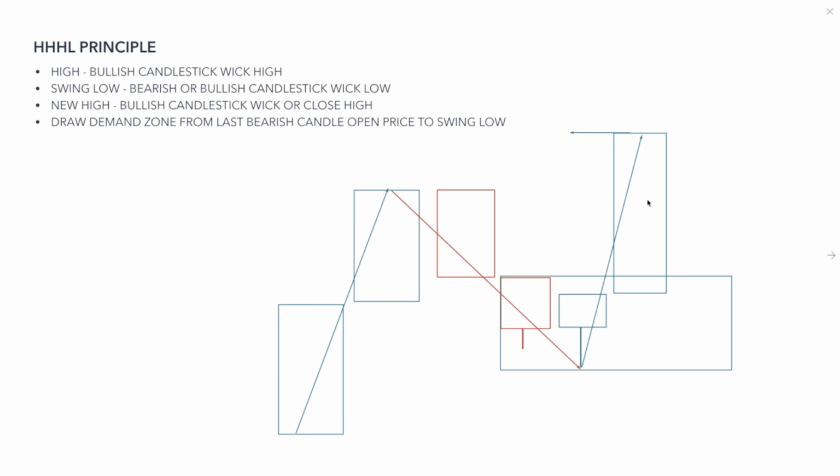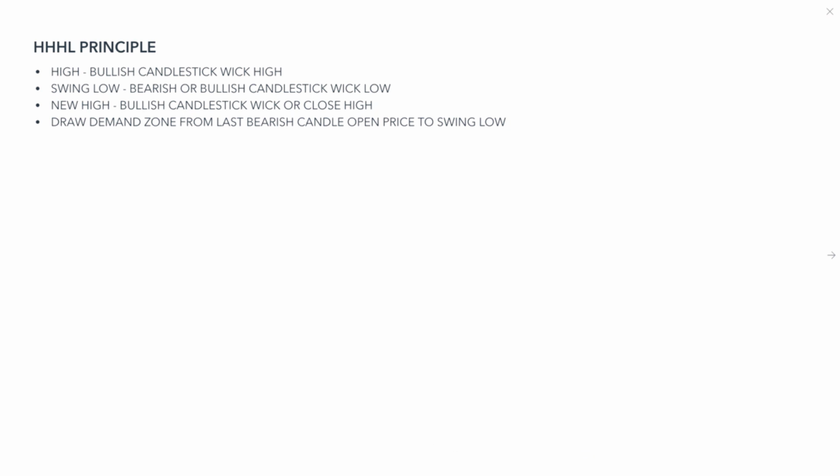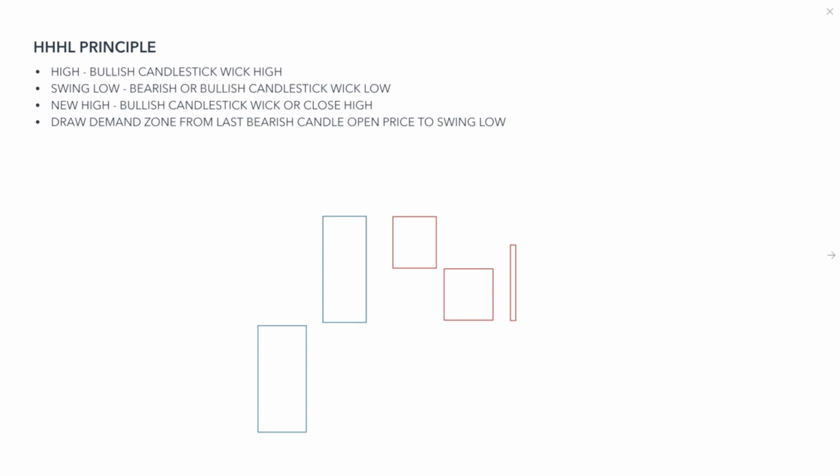Remember, this candlestick here can also look like this. So let's draw this, because it can be a wick high as well. So let's say we get a move down, and then we get a candlestick, sorry, a green candle, let's say for example something like that, that's fine too, because it's still creating a new high.